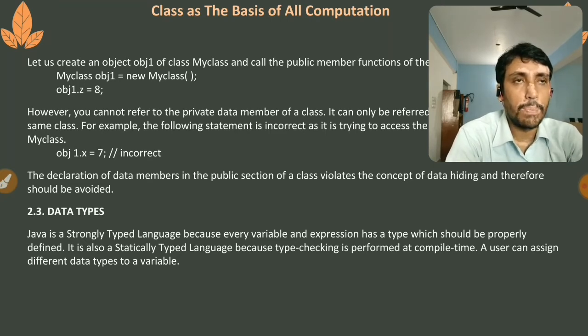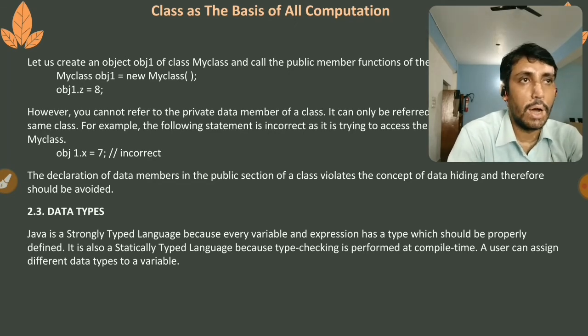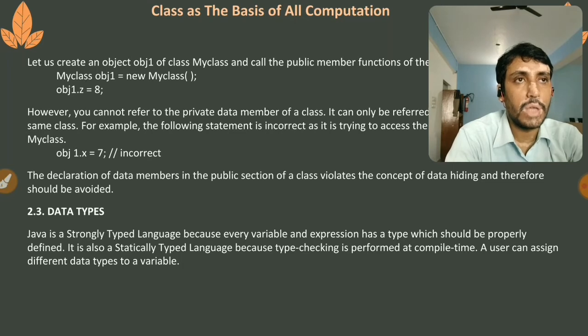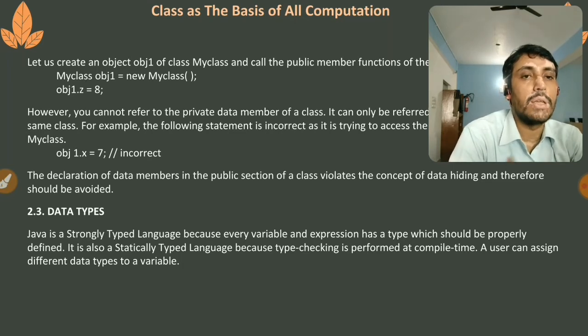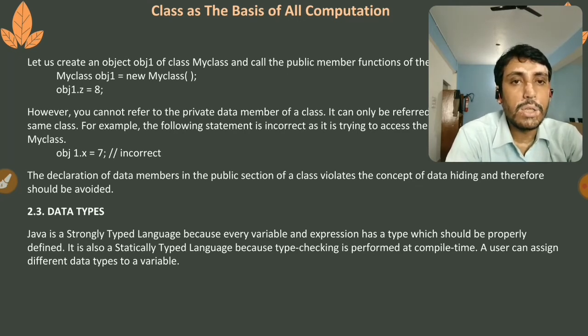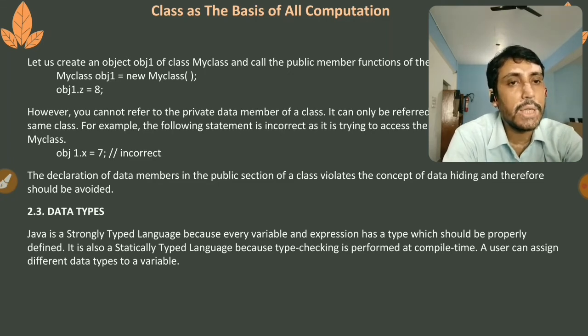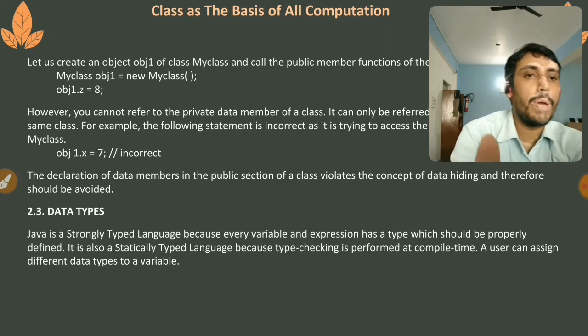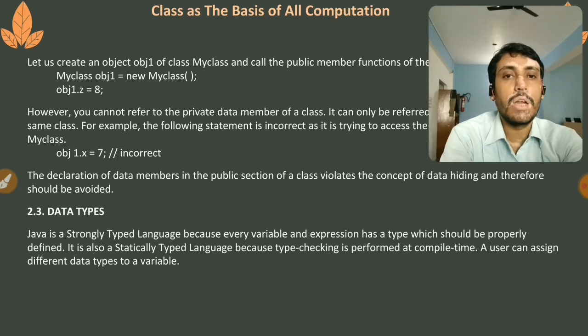Suppose I say I am a man and there is a woman, or there is a boy and there is a girl, do not forget to say that we are human beings. There is a class, there is a category, there is a type. Same thing in Java also: every variable and expression has a type which should be properly defined.